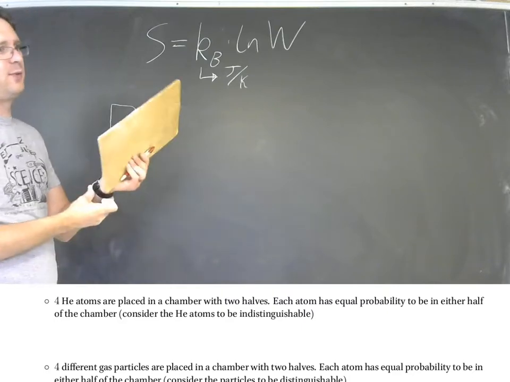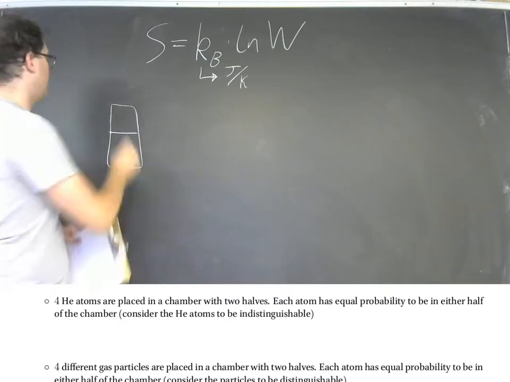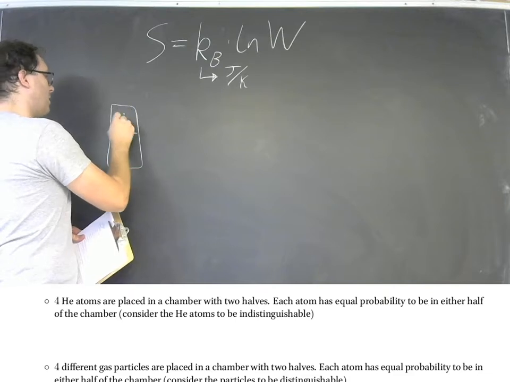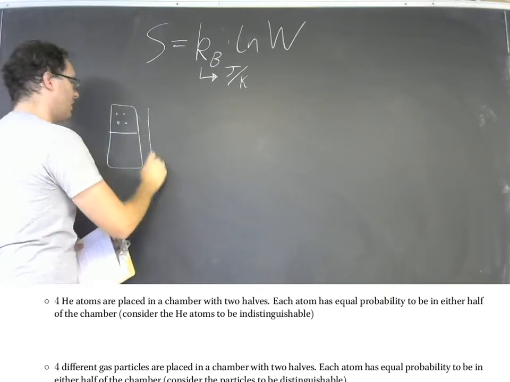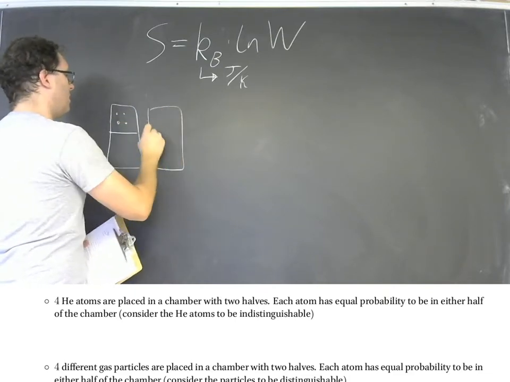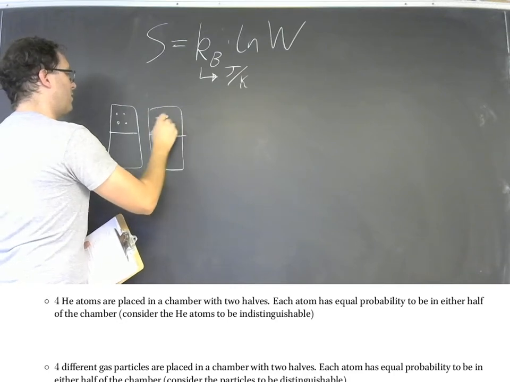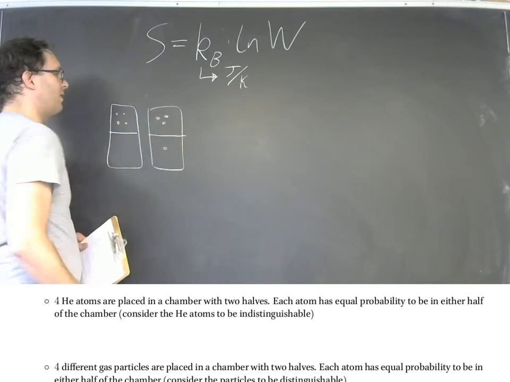How many different ways can we arrange those gas particles? We could have all 4 of them on one side. We could have 3 of them on the top and 1 of them on the bottom.